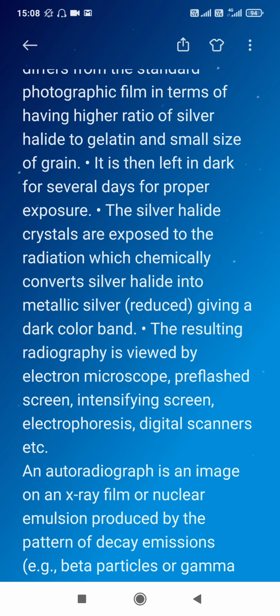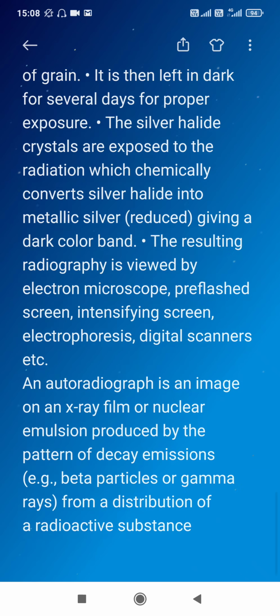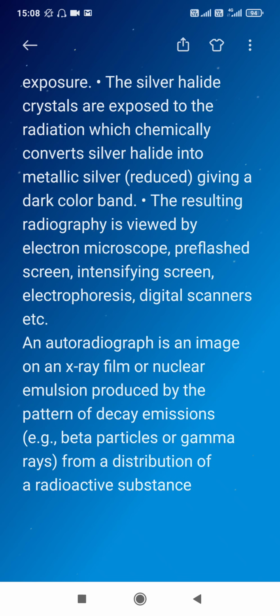That gives you a dark color band, and the resulting autoradiograph can be viewed through an electron microscope, a pre-flashed screen, or digital scanners, etc. Normally an autoradiograph is just like an X-ray film or a nuclear emulsion produced by patterns of decay emissions.